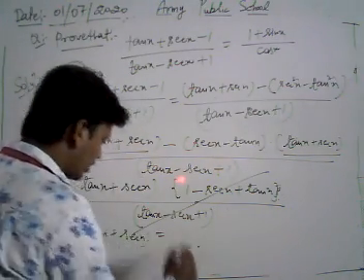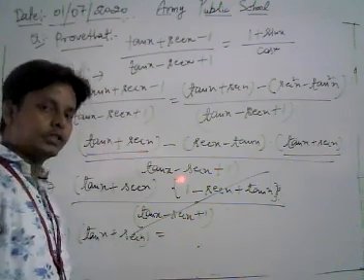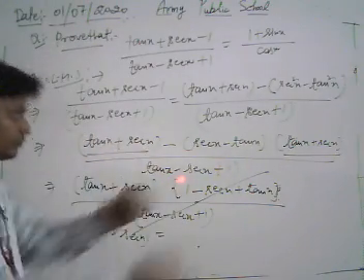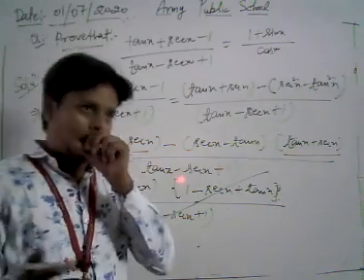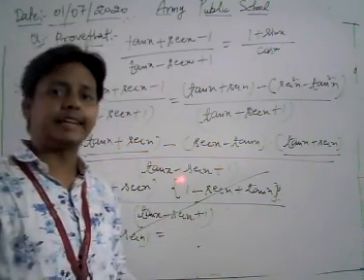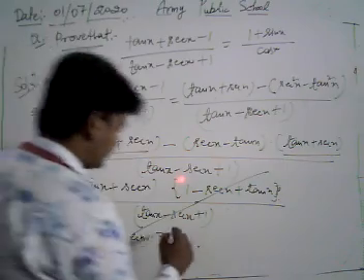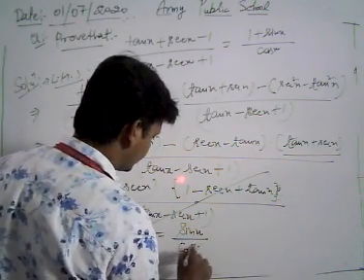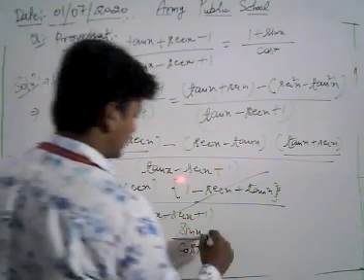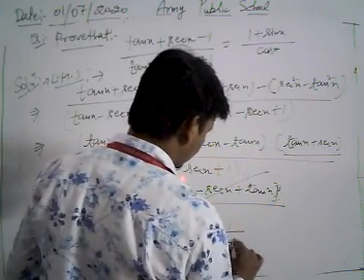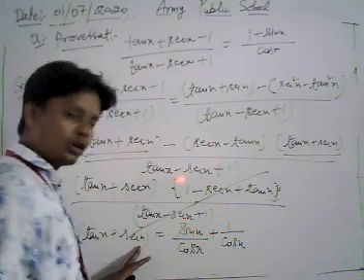Now we convert each function into the form of sine and cosine. We know that tan x is equal to sin x upon cos x, so here we get sin x upon cos x plus sec x, which is 1 upon cos x.